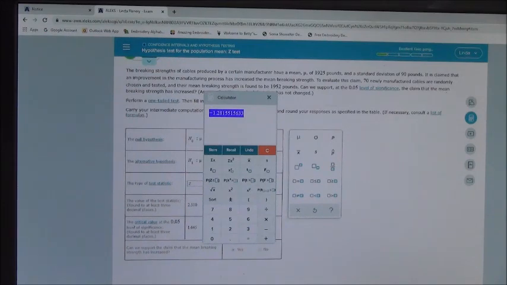So now the question says, if the level of significance is 0.10, 10%, should we accept or reject the claim, and why? So this is where you have to do some thinking about where that value lies. Let me go ahead. I'm going to put my answers back in there. So my critical value, since I have that up on my calculator screen, was negative 1.282.